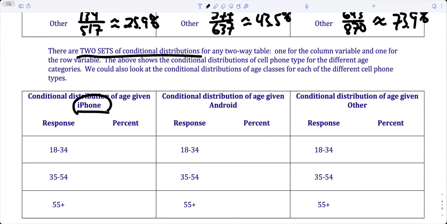How many 18 to 34-year-olds in the survey had iPhones? Look back at the table there. 169 people, yes? And how many total iPhone users were there? 467. Let's write that as a percentage, which is approximately 36.2.